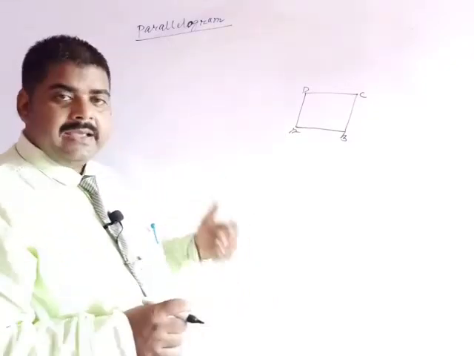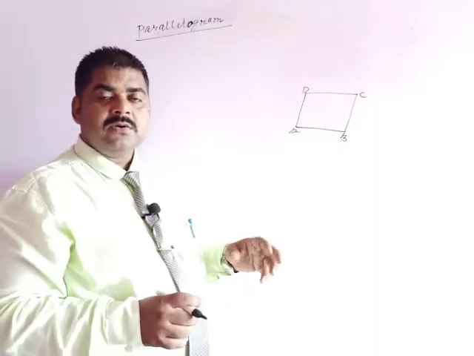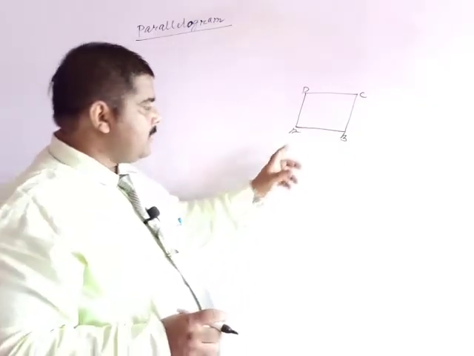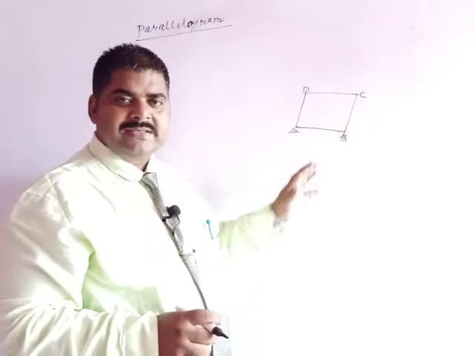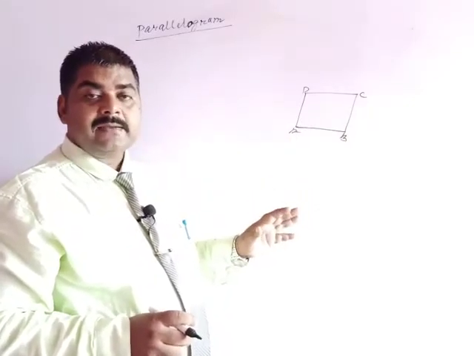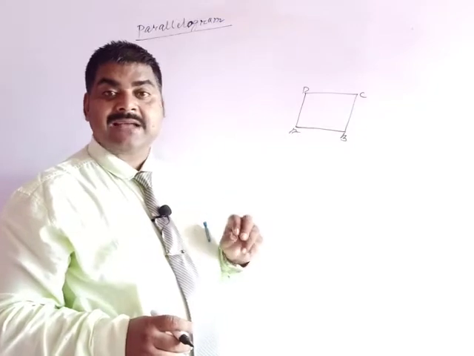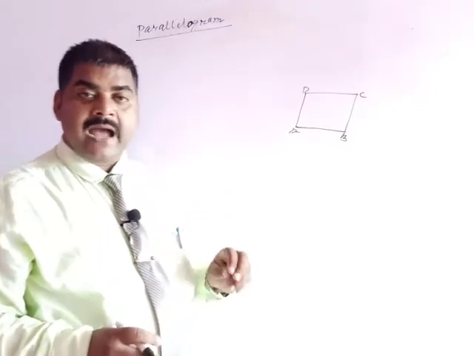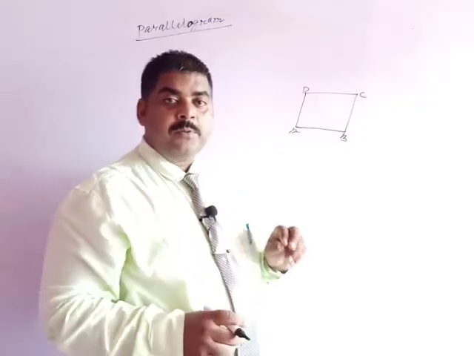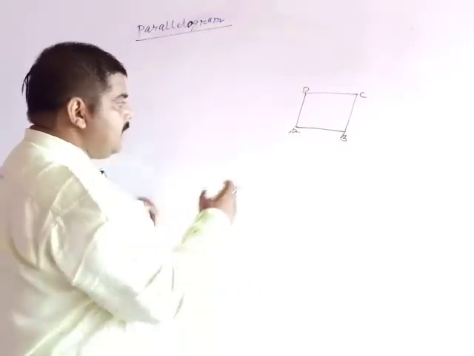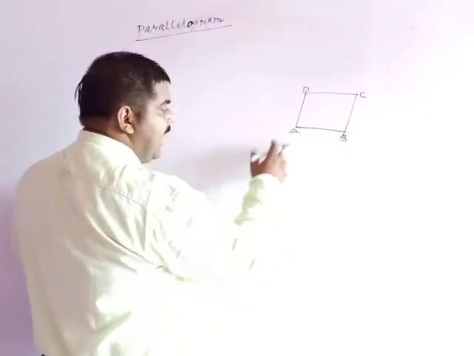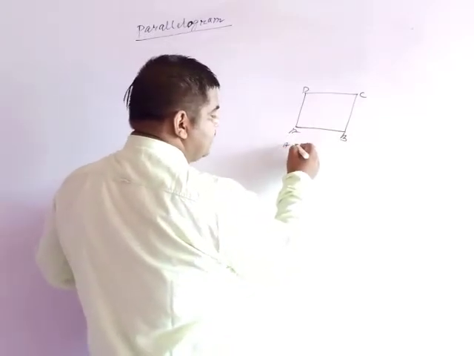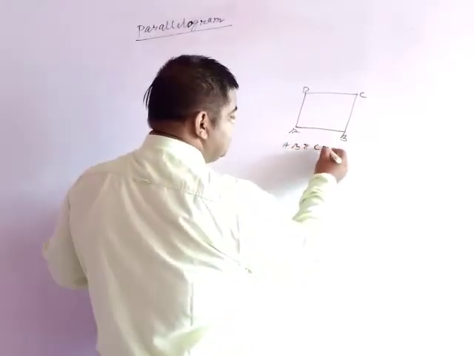I have already taught in the previous video that when ABCD is a quadrilateral, then non-adjacent sides are known as opposite sides, and two pairs of opposite sides are possible in the case of a quadrilateral.